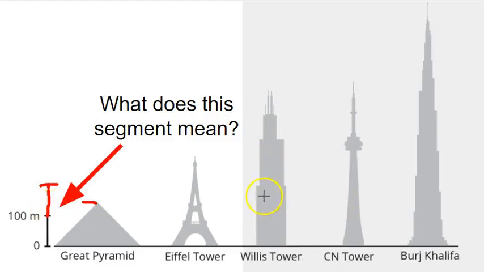What about the Willis Tower? Yeah, it's going to be significantly taller than that, right? So you probably have, what, 500 meters, maybe more? And Burj Khalifa is much higher than that. CN Tower, you can see, is pretty similar.